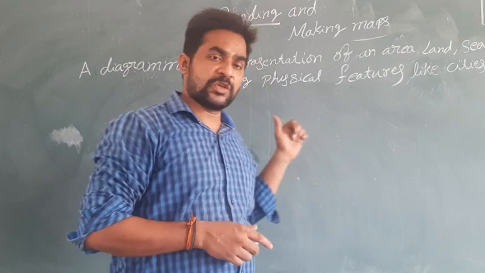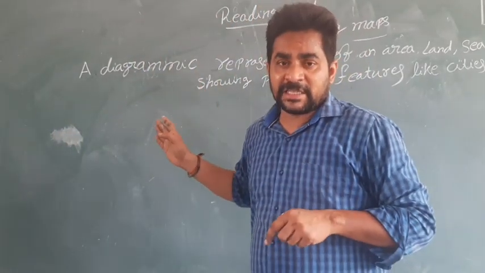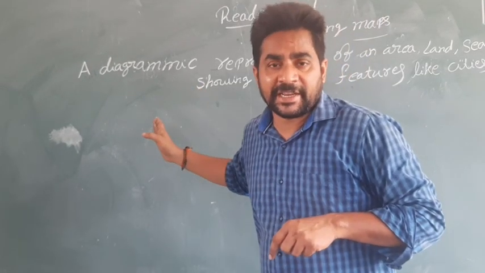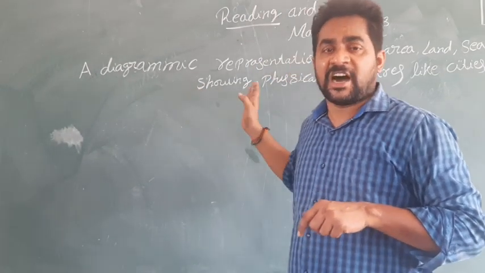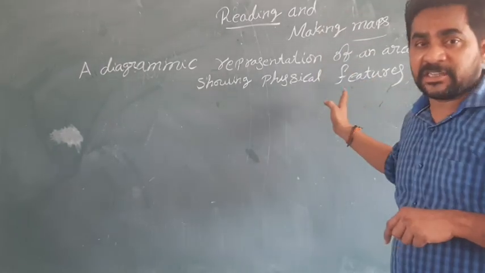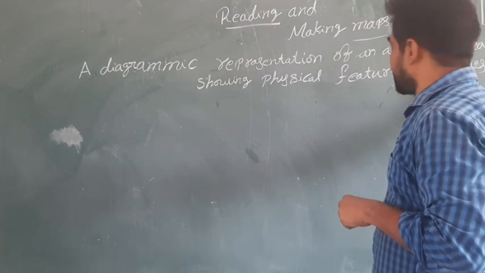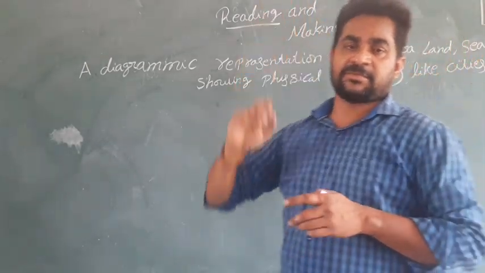One more time, the definition of a map: a map is a diagrammatic representation of an area, land, sea, showing physical features like cities, roads, etc.